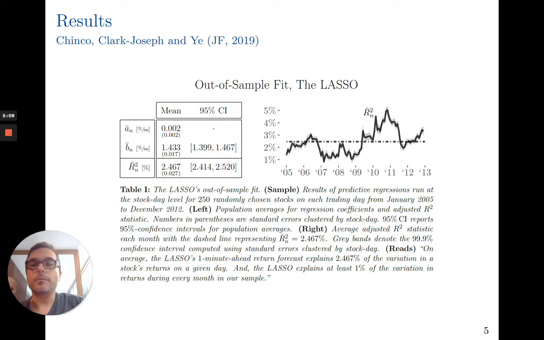Okay? And basically what they show is the out of sample fit of the Lasso. And one thing they show is the following. They don't present the results for all the returns. Every window of 30 minutes, they do this estimation. They randomly select 250 assets to present the results.